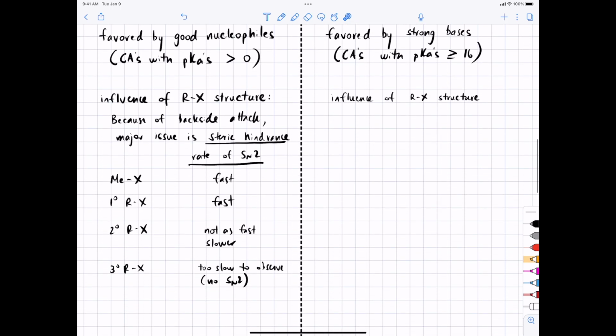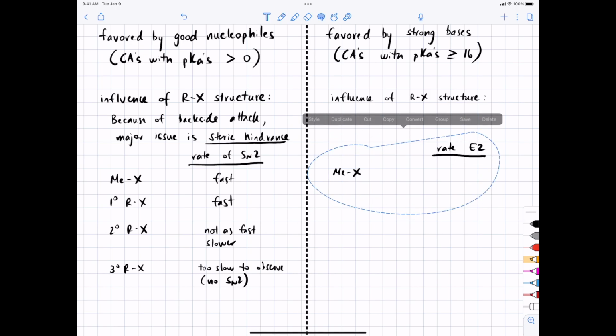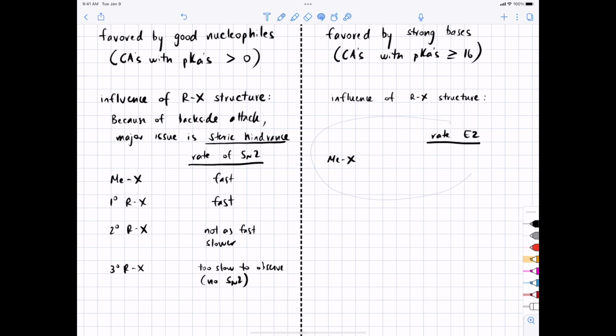Interestingly, we observe that the rate of the E2 reaction follows kind of an opposite trend. For methyl halides, funny joke, there are no beta protons, so no E2 reaction.